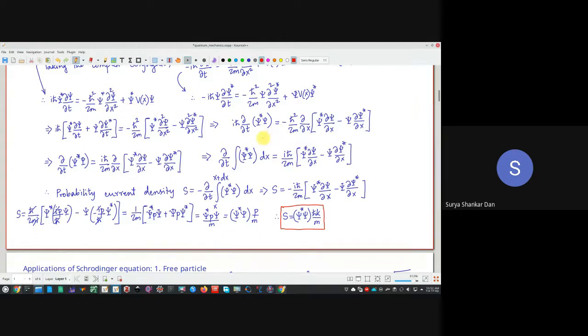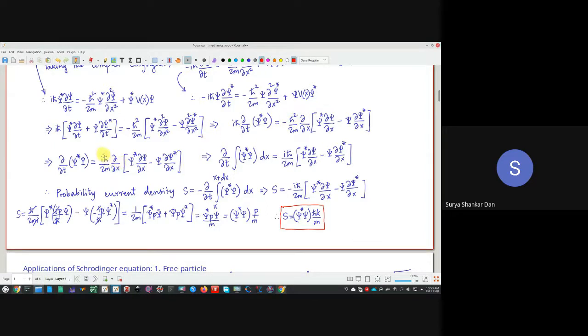Okay. Now, once we have this relation, you can clearly understand that psi star del psi del t plus psi del psi star del t is nothing other than this particular product. Then iħ, and here it is minus iħ, minus ħ square. So essentially this is like iħ whole square.